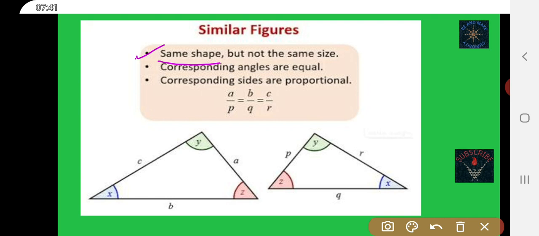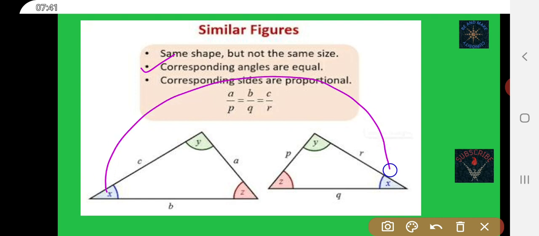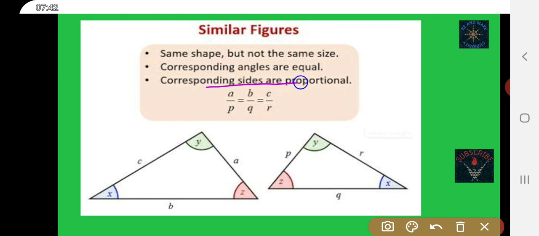Okay, then corresponding angles are equal. So here this angle corresponds to this angle, and they are equal, and their corresponding sides are proportional.